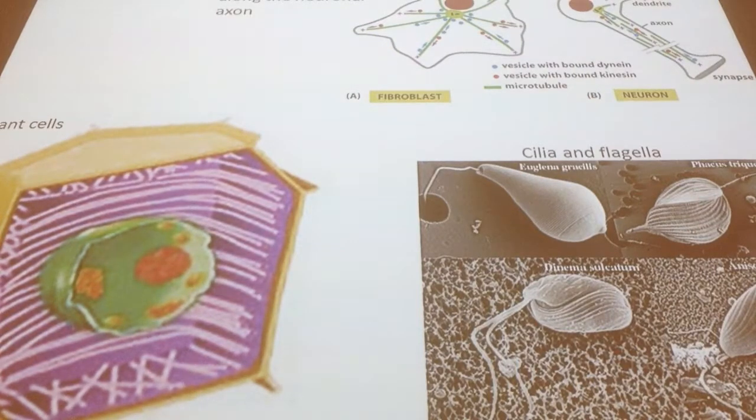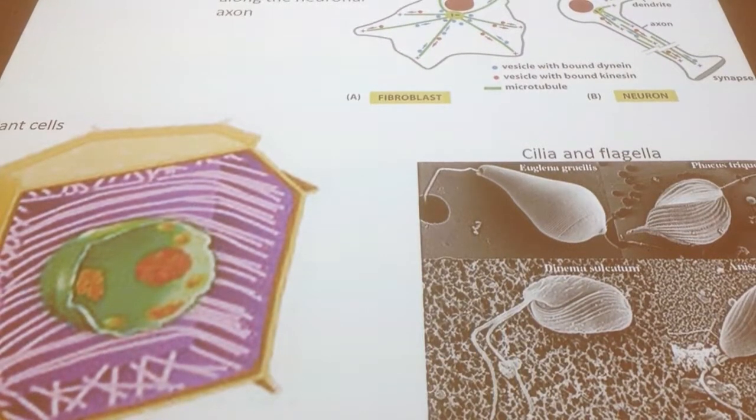Let's see. In terms of other places and functions where microtubules are found: in axons. Axons in neurons are created from the assembly of microtubules. So the axon has a plasma membrane out here, and underneath is the microtubule.